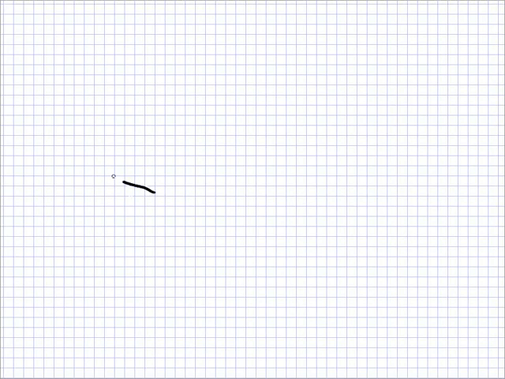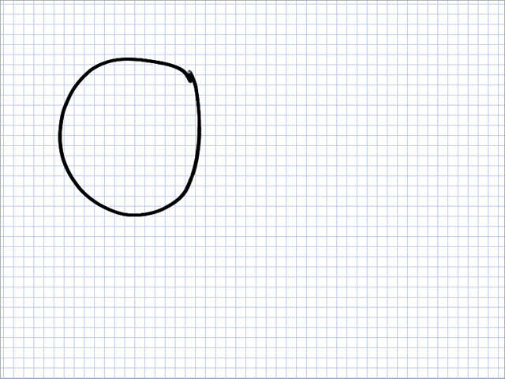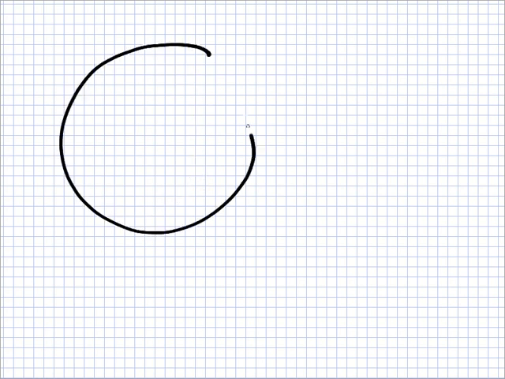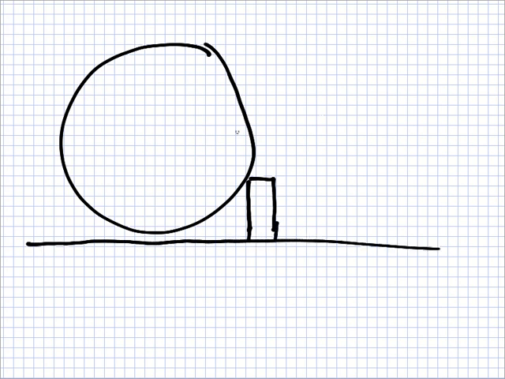Right. We have a sphere. Terrible circle. It's a little better. Alright, and we have a small wall here. And what happens is this is being pulled over the wall because there's a force right here in the middle pulling it along.